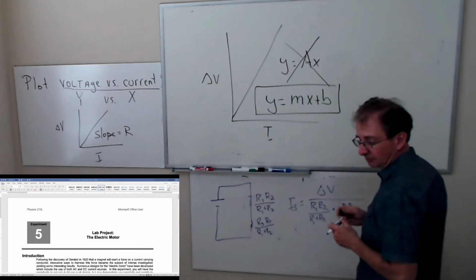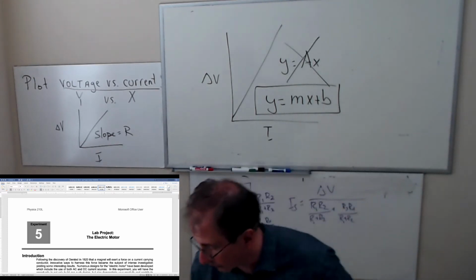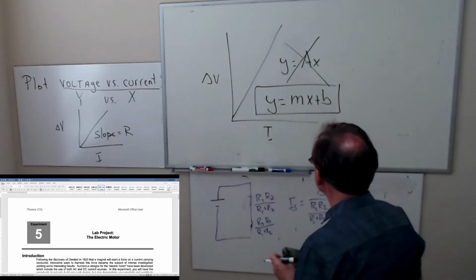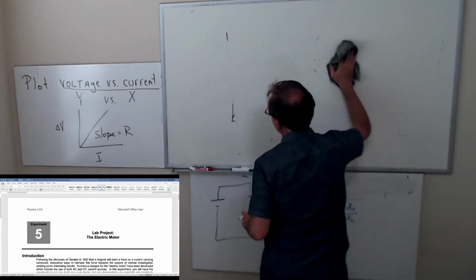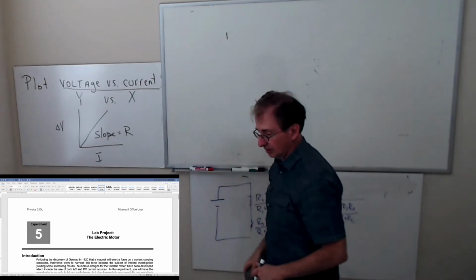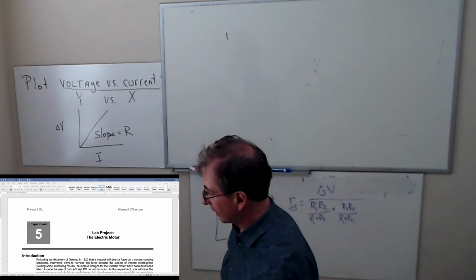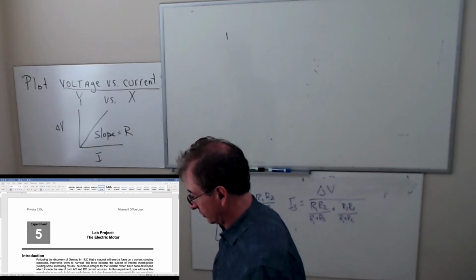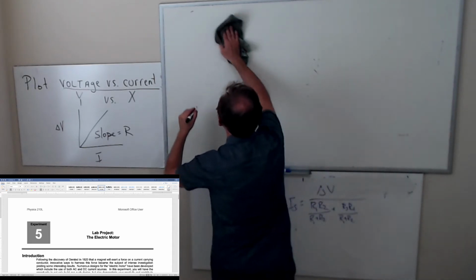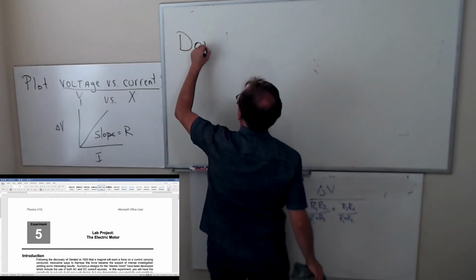Now the next thing, some people were using the new version of graphical analysis. And I'm going to say don't use it. The new version of graphical analysis that's online, they say it's free and stuff like that. Don't use it. Why?